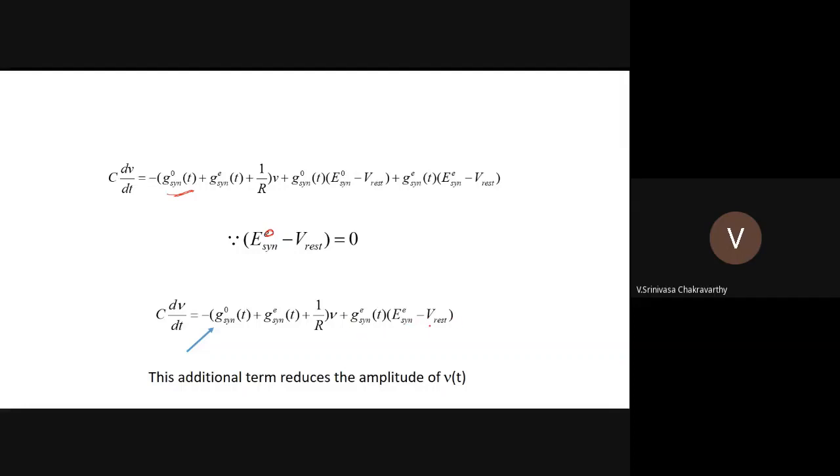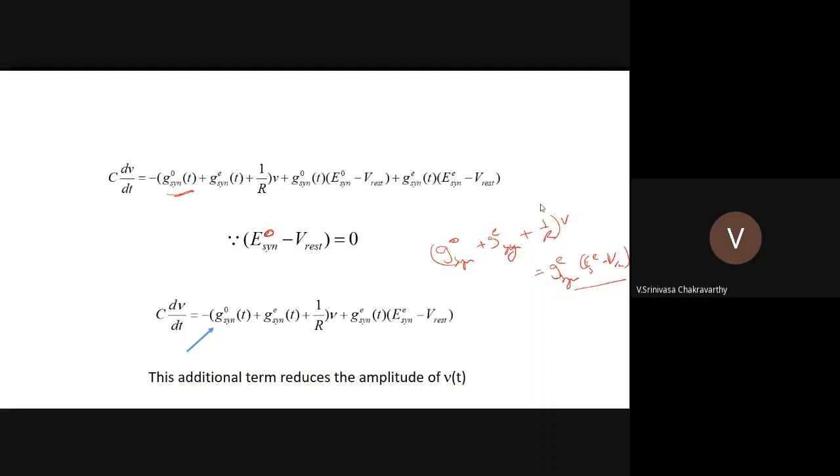If you look at steady state conditions, you get (G_syn^0 + G_syn^E + 1/R) V equal to G_syn^E times (E_syn^E minus V_rest). If you think of this as a constant, because of this term, V equals this whole thing divided by this, and you get a slightly smaller value.